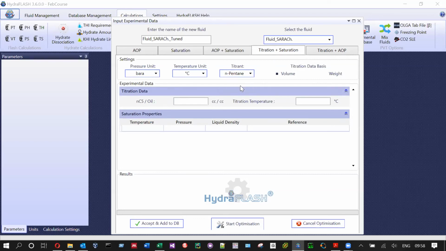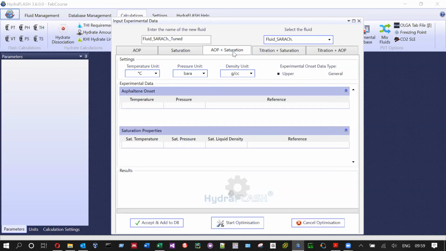We can change it to normal pentane, and then the volume of the oil, and then the titration temperature. This volume of the titrant is the exact volume at which asphaltenes start to precipitate. But for AOP, you can measure it using the depressurization method with live oil, and it gives you a temperature and also an onset pressure or an onset temperature.